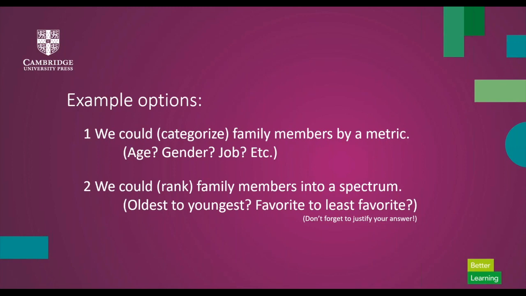We could also rank family members, going further into the higher order thinking skills spectrum, but it could be like oldest to youngest, or a little bit more dangerously, favorite to least favorite. And if you're going to give opinions about ranking and things like that, don't forget to justify your answers. So always encourage students to justify their answers. What's your favorite food? I like pizza. Why? It's delicious. Why do you think so? Get a conversation going.